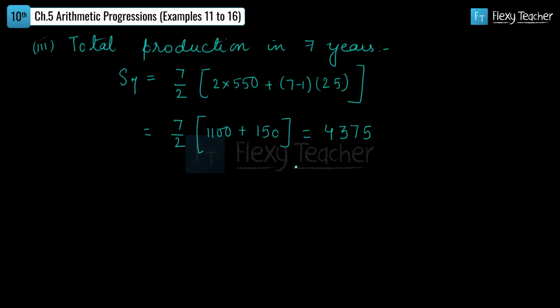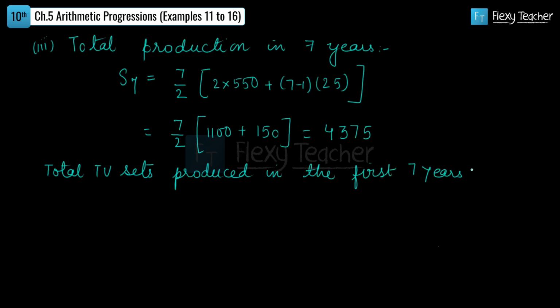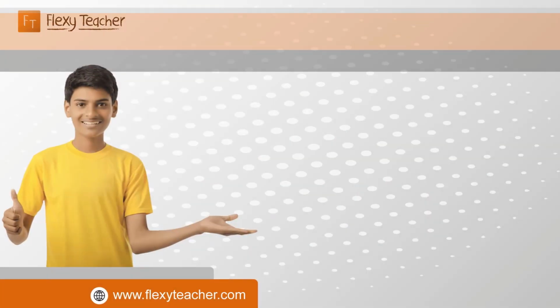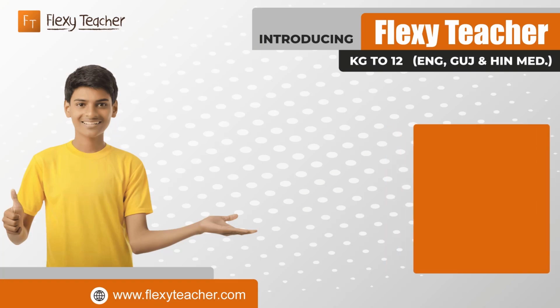So TV sets produced in the first 7 years is 4375. Total TV sets produced in the first 7 years are 4375 units.